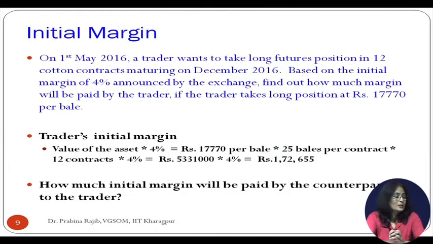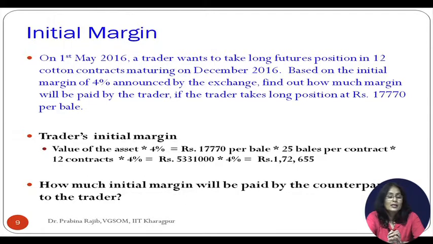Now let's say on 1st May 2016, a trader wants to take a long futures position on 12 cotton contracts maturing on December 2016. Based on the initial margin of 4% announced by the exchange, find out how much margin will be paid by the trader if the trader takes a long position at rupees 17,770 per bale. One bale of cotton has 170 kgs.